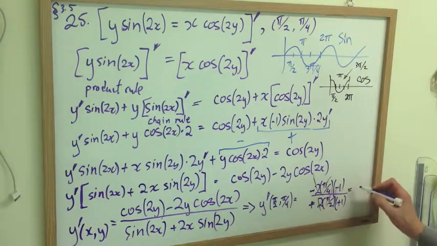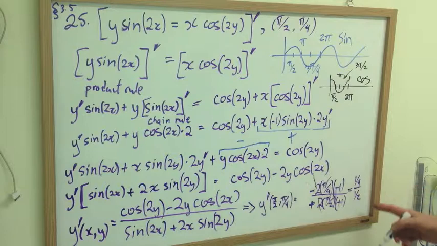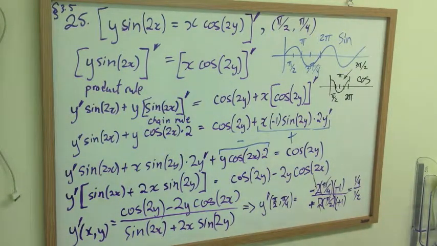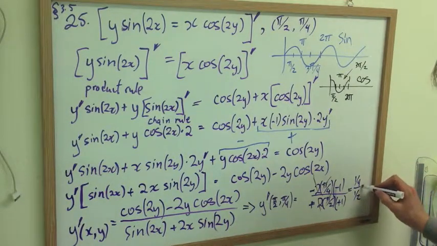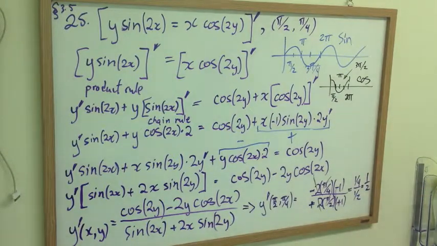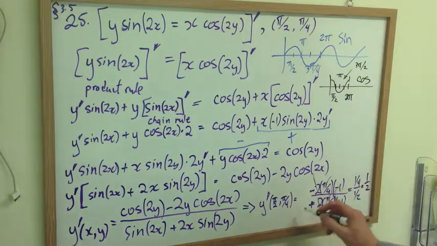Negative times a negative is positive, so I have a quarter on the top, I have a half on the bottom. So a half on the bottom is like a 2 on the top. It's equal to a half. All right, so the slope is a half. So the slope is a half.